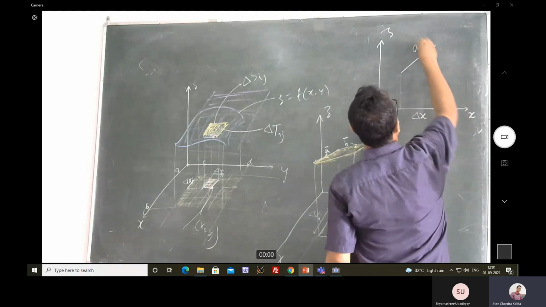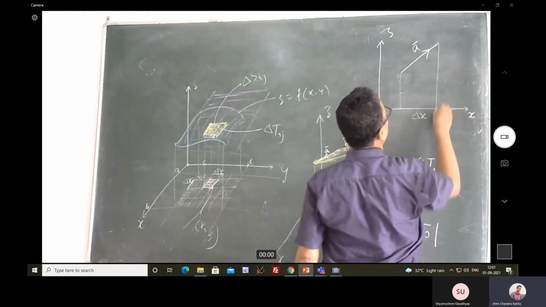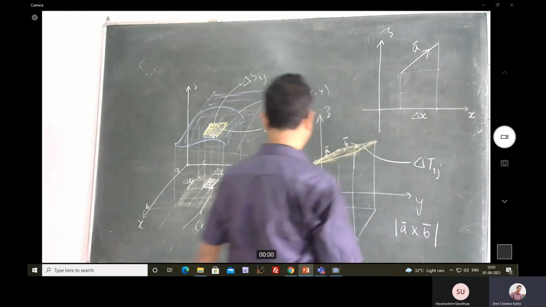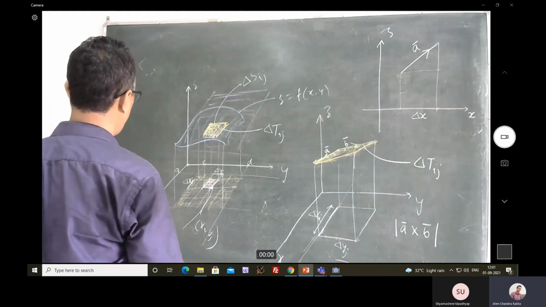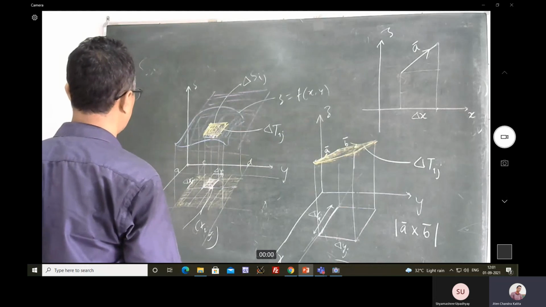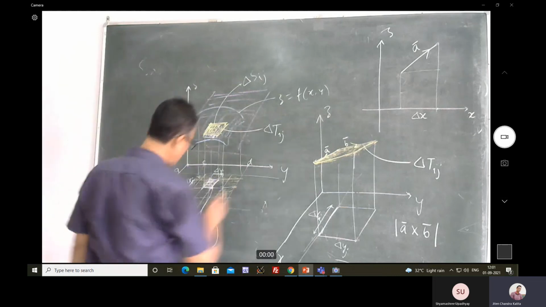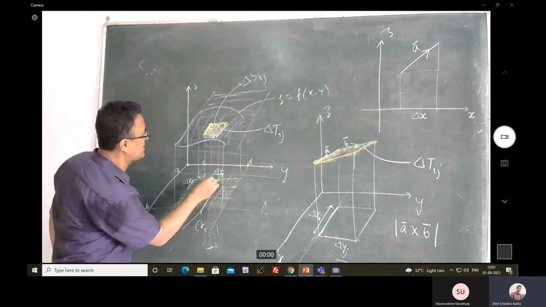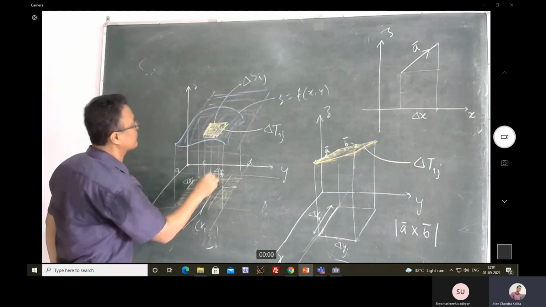Suppose this is my vector A. So then, the way I am drawing it, let me consider this point, because it will be easier for you to visualize this.